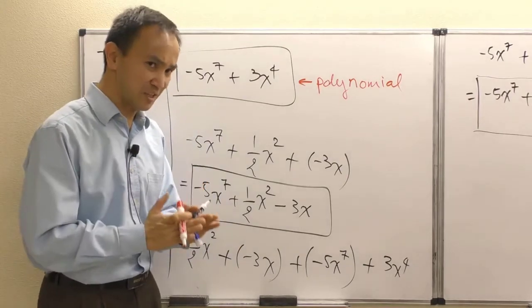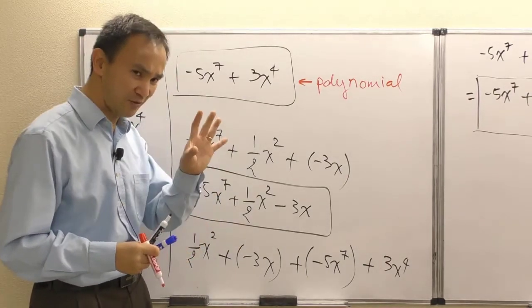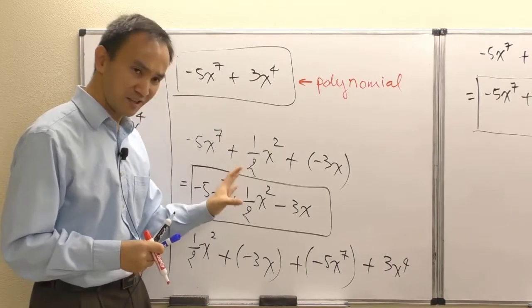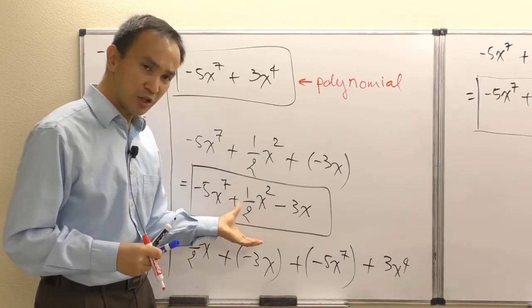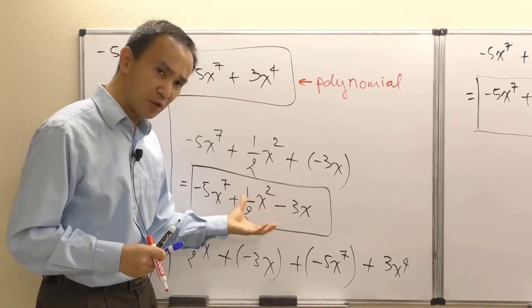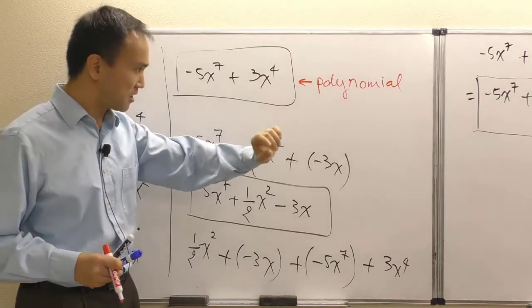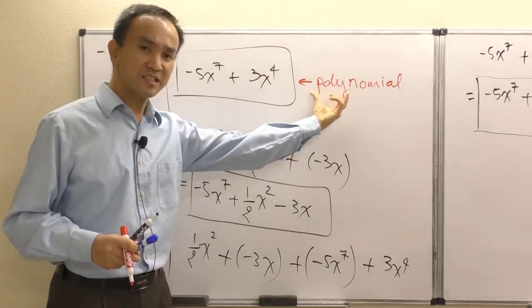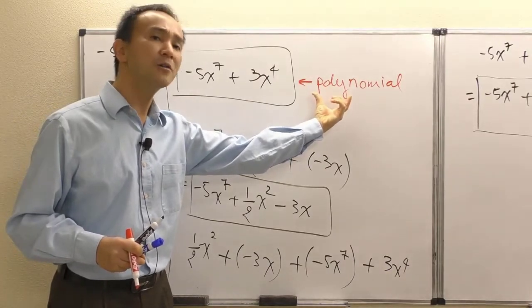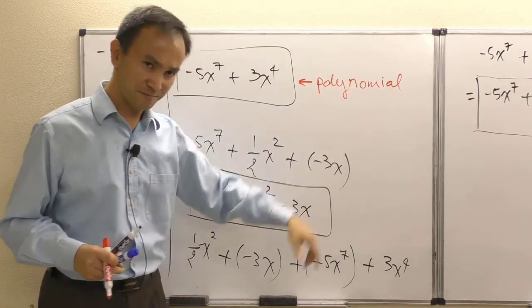I approach it this way so that you have some real hands-on experience right through the observation. We call that thing a polynomial simply as I explained earlier: it's a sum of multiple power functions together.